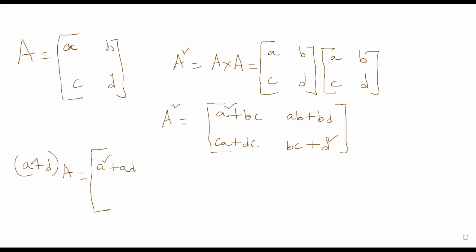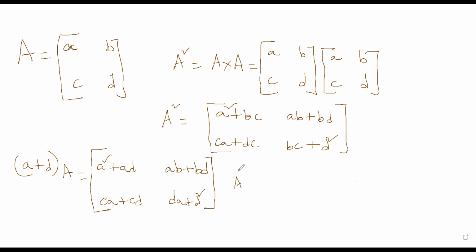AB plus BD. CA plus CD. Next DA plus D square. This is what you have.